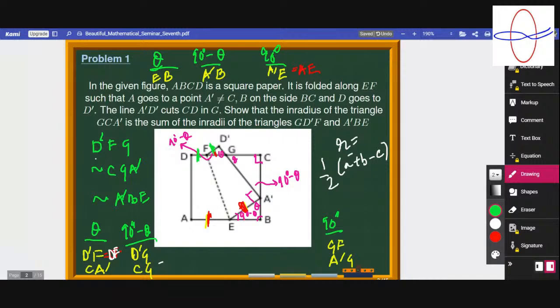Let's try to find one of the ratios. That will be the corresponding side ratio, each of them, right? Let's try to find one of the ratios. So therefore, observe this very carefully.